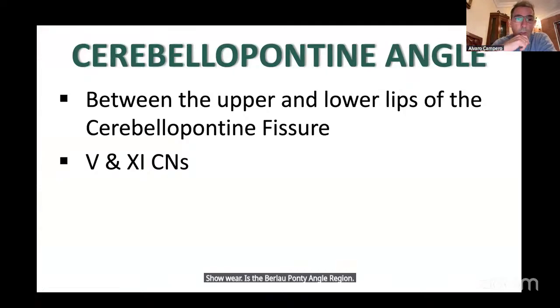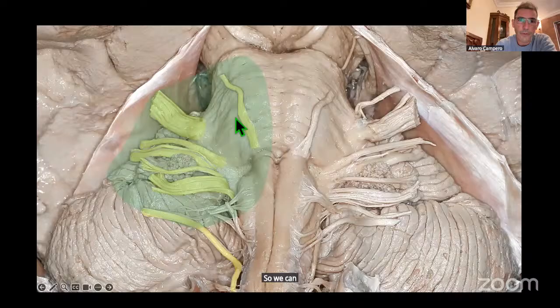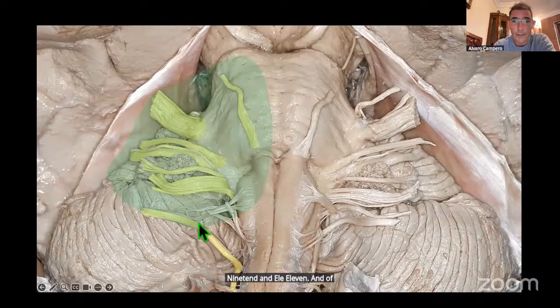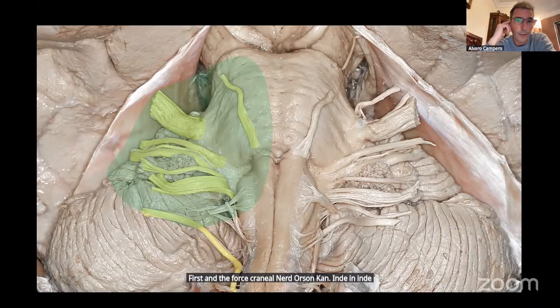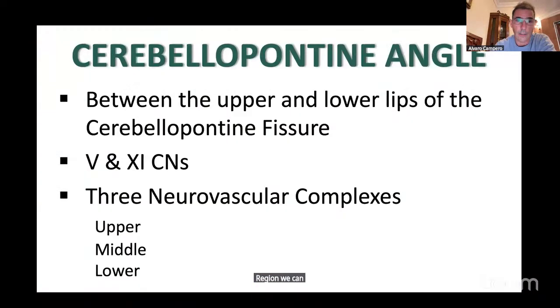And in this region, we have inside the region the 5th to the 11th cranial nerves. So we can see here 5th, 6th, 7th, and 8th, 9, 10, and 11. And of course, in some cases with a tumor, for instance, the third and the fourth cranial nerves also can be seen in the margin of the cerebellopontine region.